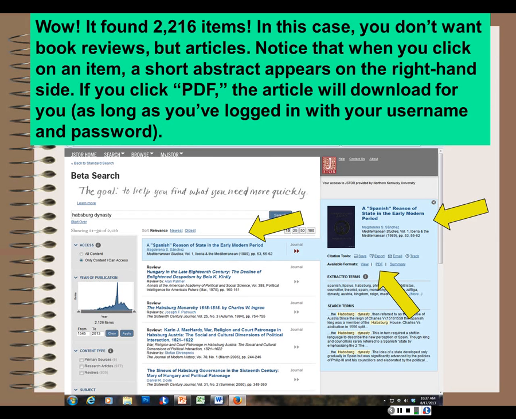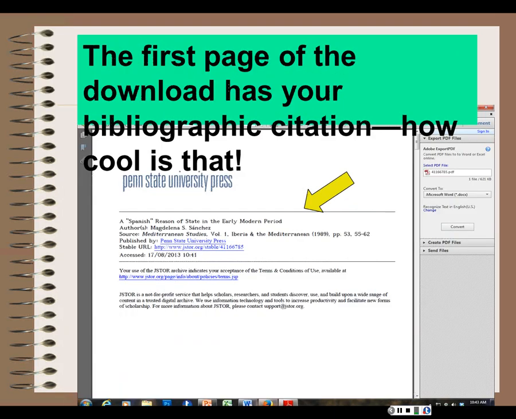And now remember, it will download for you as long as you've logged into the NKU website with your username and your password. Very often the first page of the downloaded article has a bibliographic citation, such as this one does. Look, it says who the author is, it gives the title, it gives the source. It was in the journal called Mediterranean Studies.